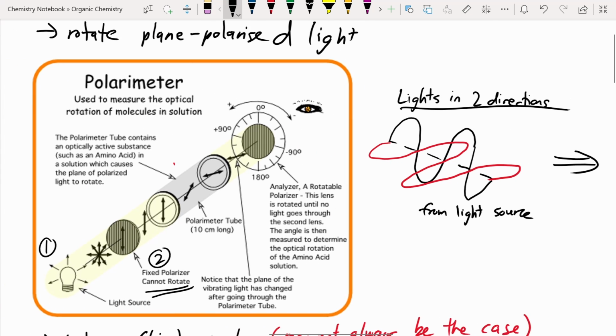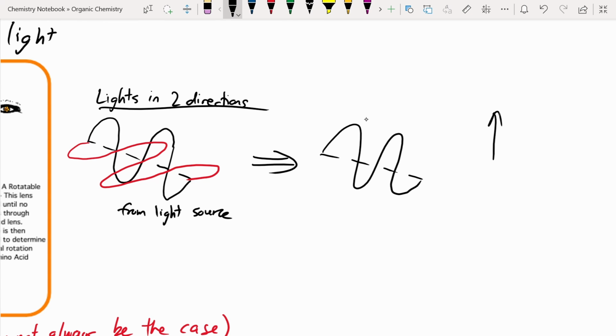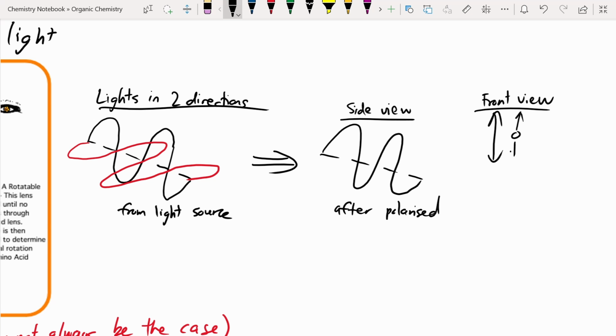If you do not know what this means in the polarizer diagram, this is the front view of your light wave particles, and this is the side view. And this shows the front view. So in a sense, your wave particle is oscillating up and down.